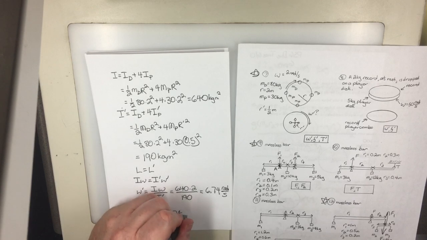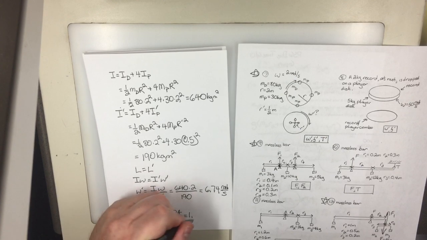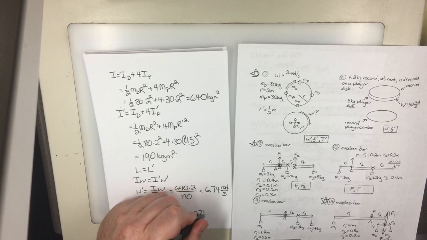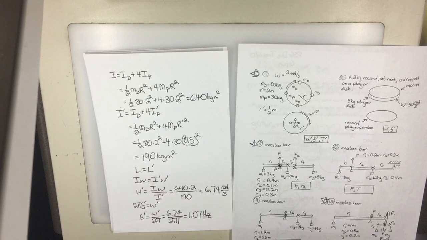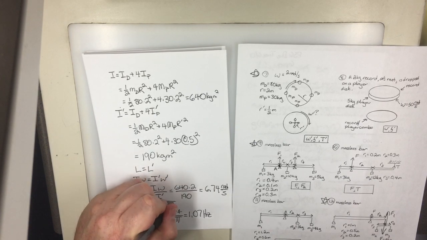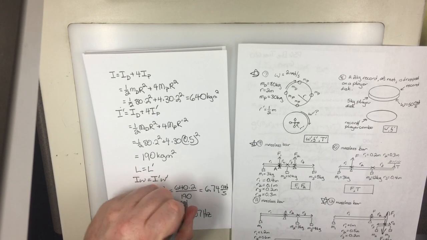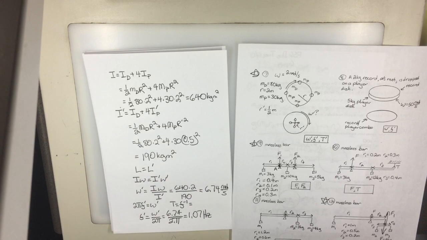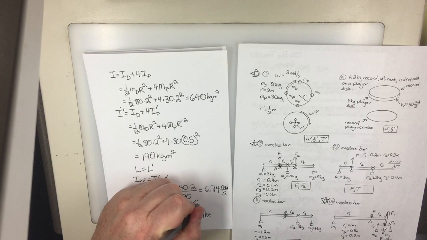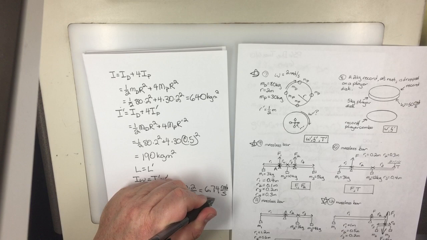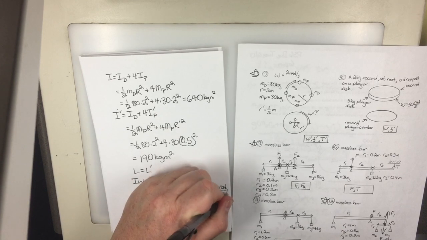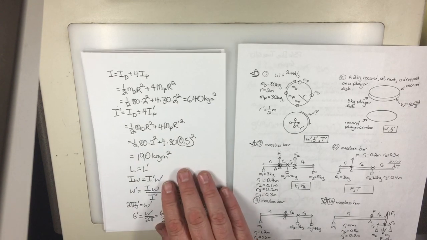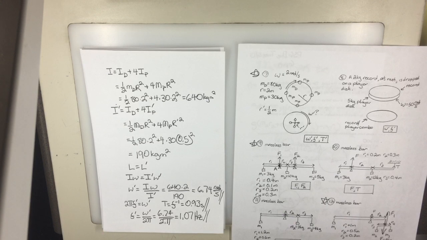Nah, it's still nasty. 1.07 hertz. And since period is the inverse of frequency, the period is 0.93 seconds. And so that's number 7.